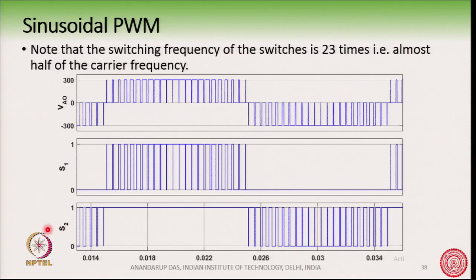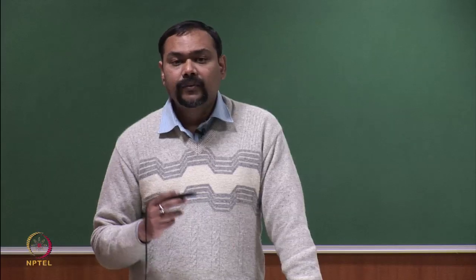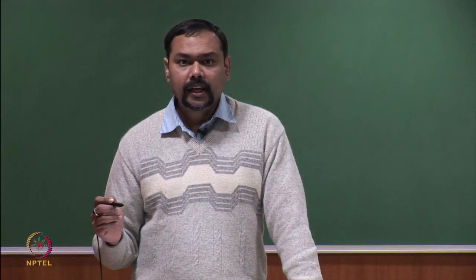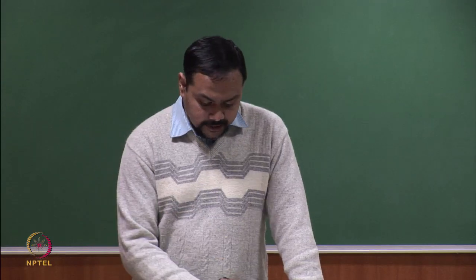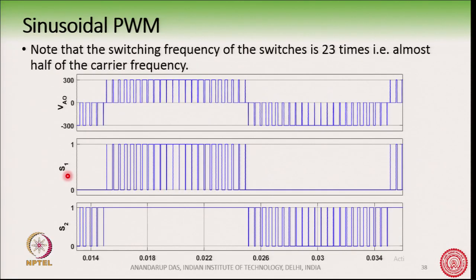First, let us observe how many times S1 is switching in a cycle. This is the start of the cycle and this is the end of the cycle. Within this cycle there are 45 carriers. So, let us see how many times S1 is switching.